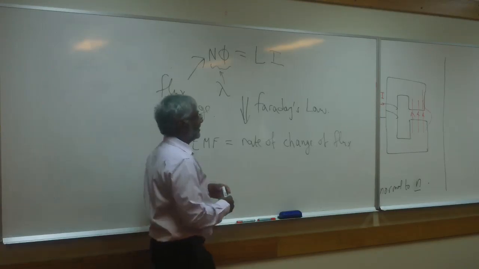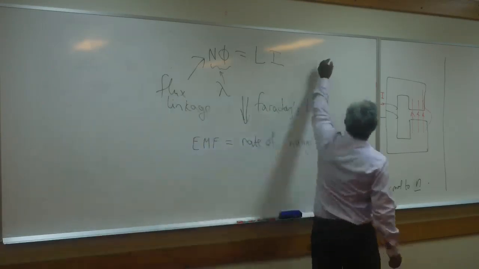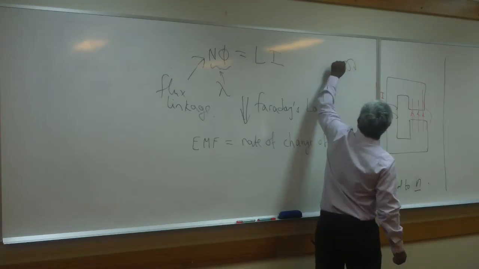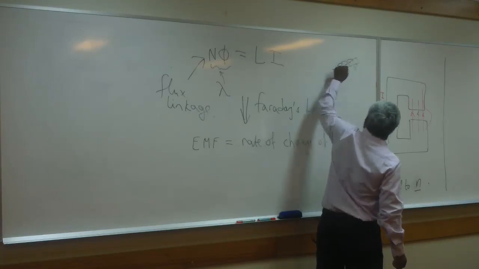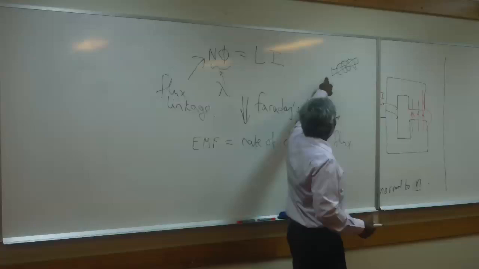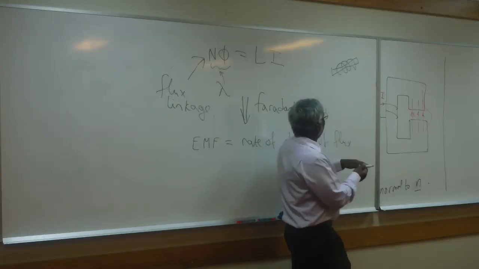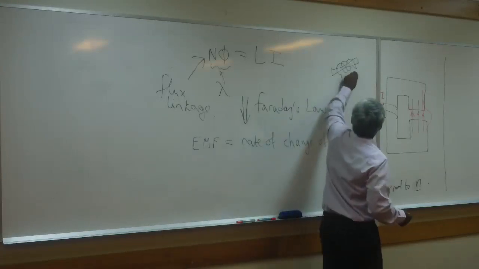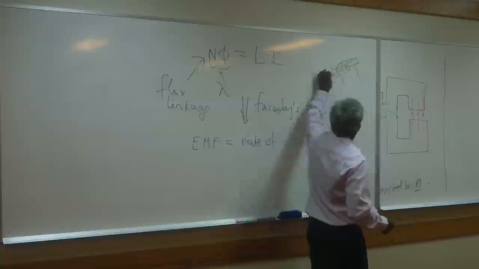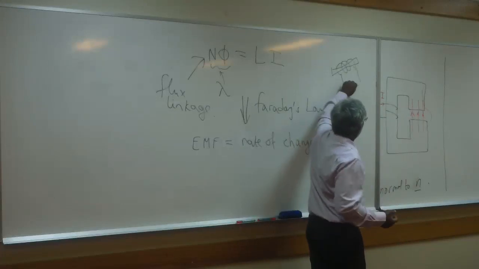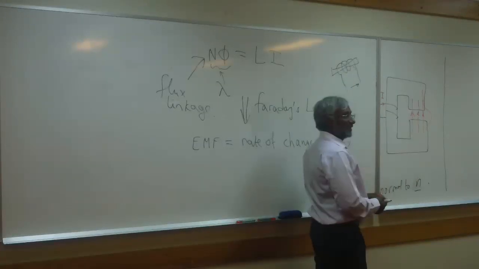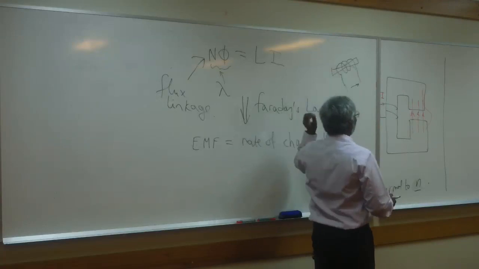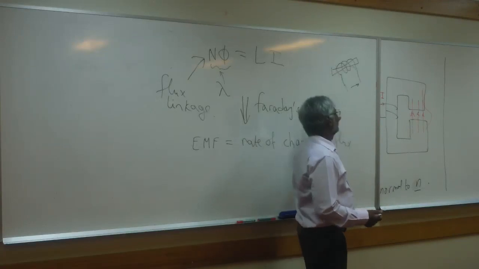But you can easily think of, say, a coil like this with a magnet in there. When the magnet is in there, there's plenty of flux going through the coil. Of course, if the magnet is just sitting there, you will get no EMF here. But if somebody comes and pulls the magnet, we used to do that at school.